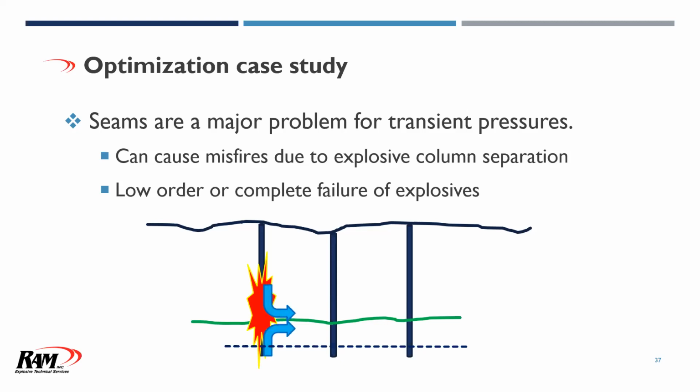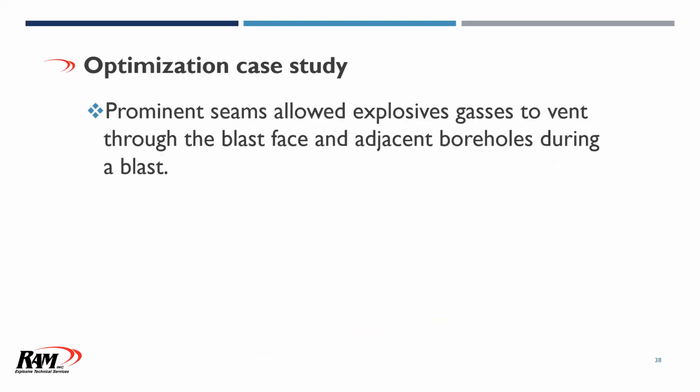And what you can see here is all that pressure is going to vent and escape right through that seam to the adjacent hole and separate that powder column there and then the hole next to that. And again, a lot of cases, the separation could keep it away from the booster, where now we're going to have a misfire, or it could affect the product enough to cause a misfire and failure of it.